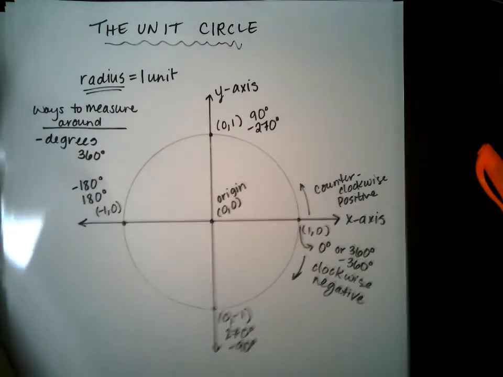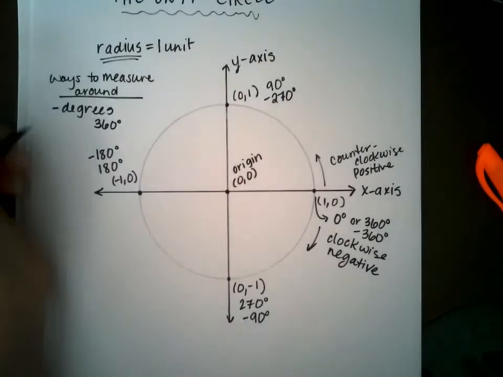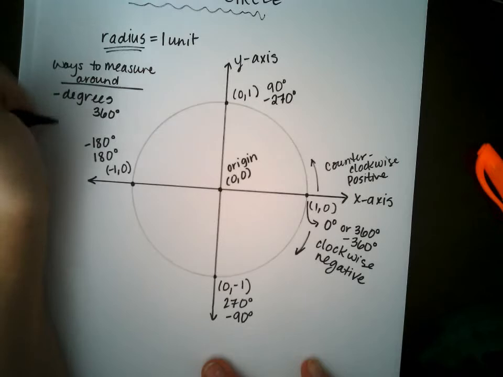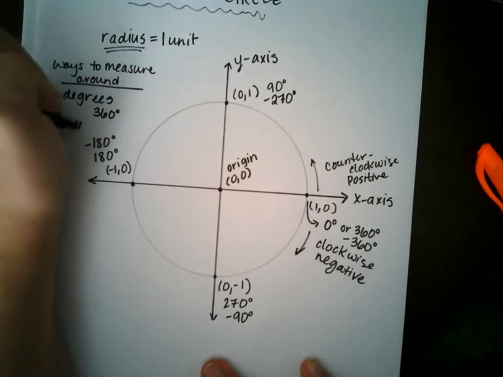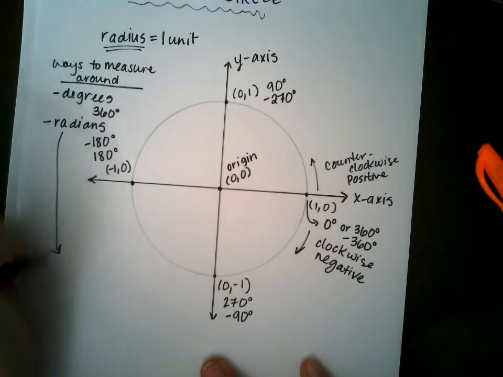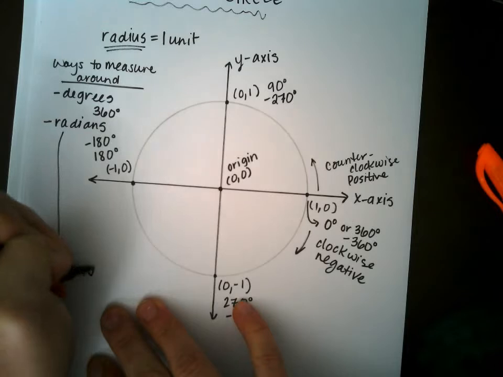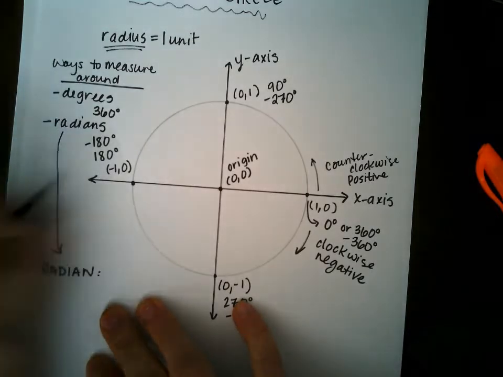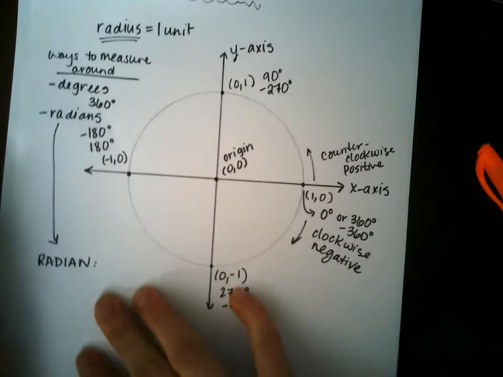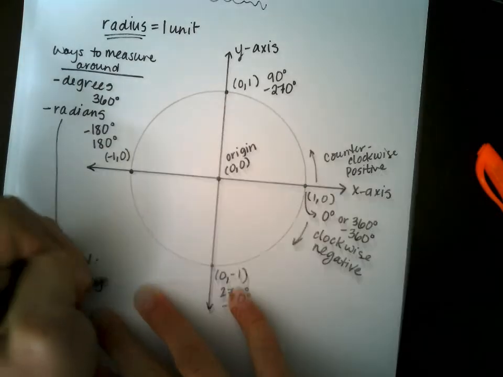There is a second way to measure around the unit circle in either direction, and that is called radians. And a radian is the length of the radius stretched around the circle. So I'll show you what I mean in just a second, but let's write it down.